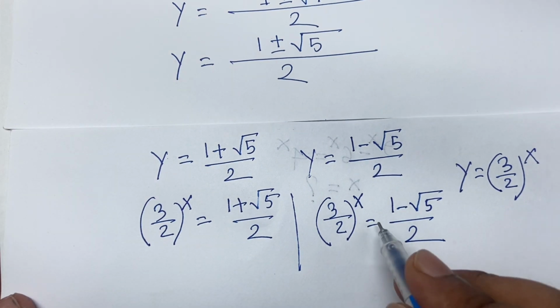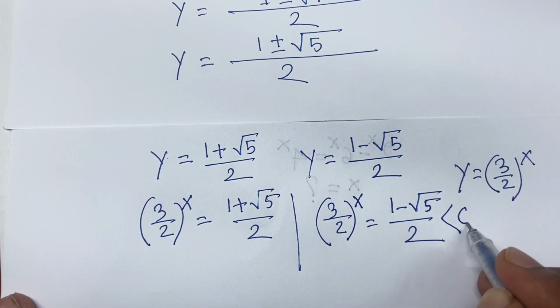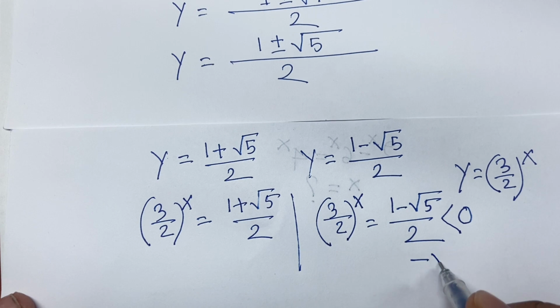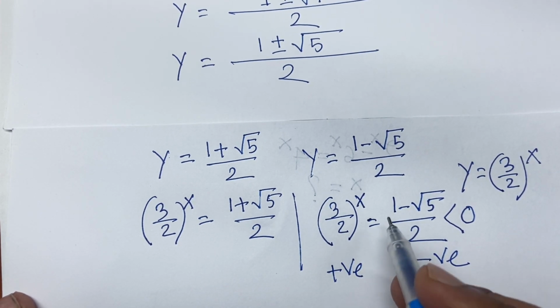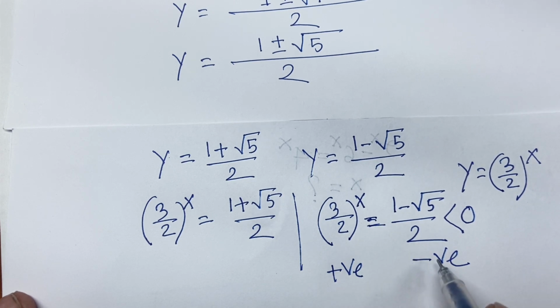Now look, this one is less than 0, so it is negative, but (3 over 2)^x is positive. A positive cannot equal a negative, so it is rejected. I can't accept this value.